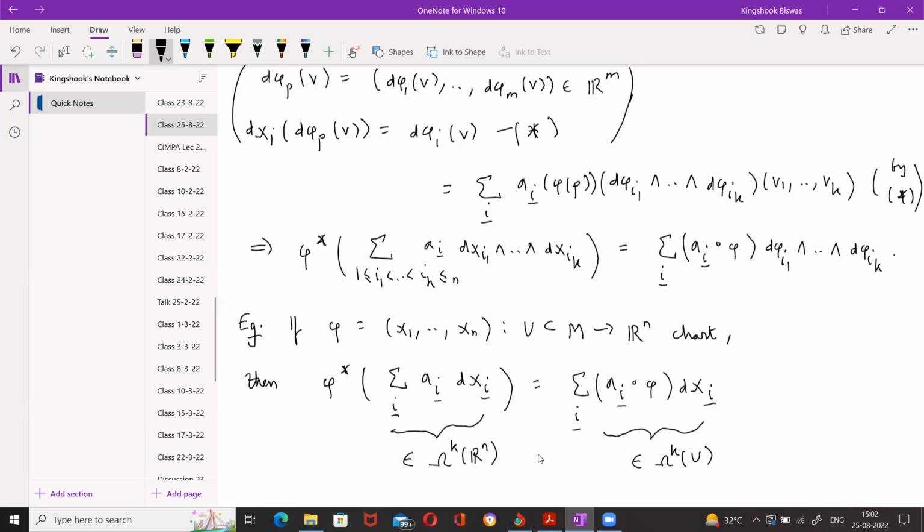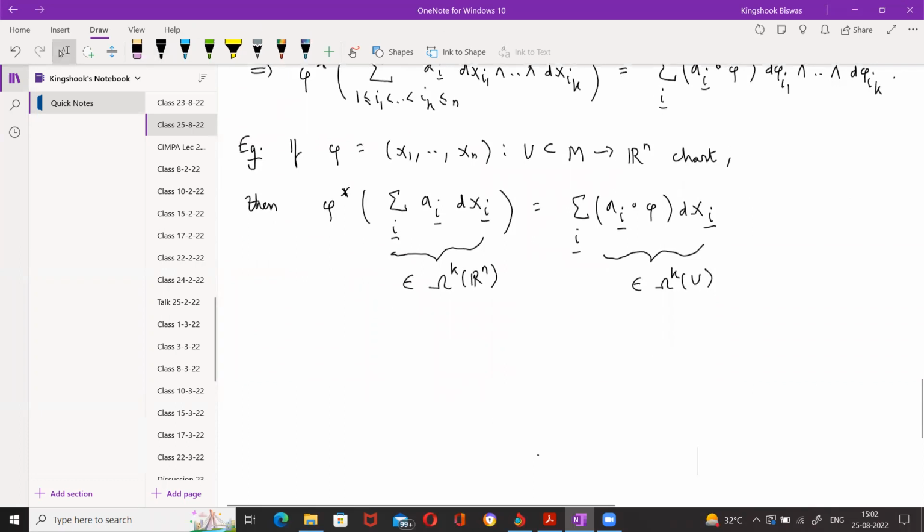So what does this tell me? This tells me that locally in a chart, any K form on the chart U, I can write in this form, as summation A_I bar composed with phi dx I bar for some suitable choice of functions A_I bar on Rn, right?